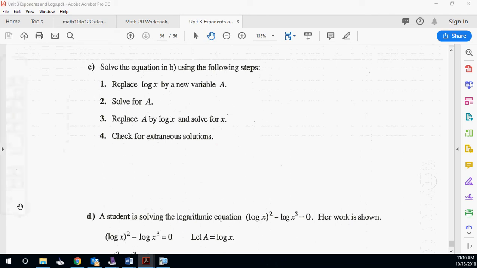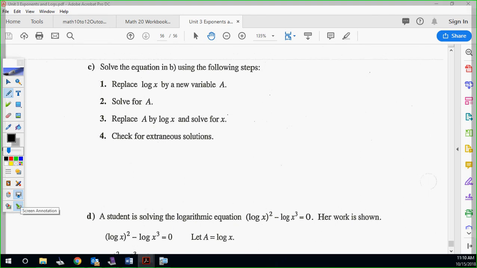So we replaced it, so it's a squared minus 3a equals 10. We'll move the 10 over, and then we're going to factor. We're just going to do our normal stuff. We get a minus 5, a plus 2.